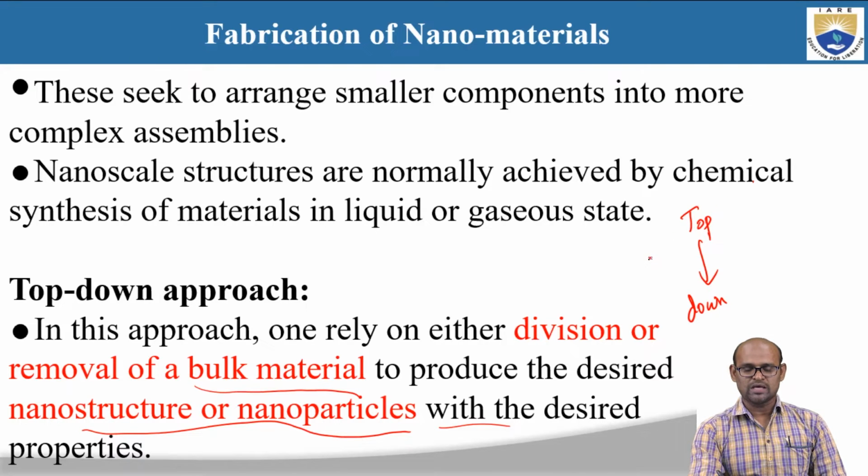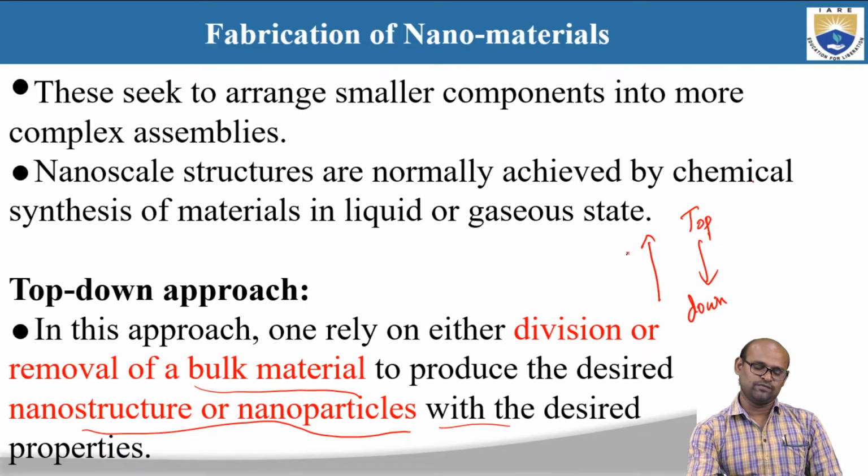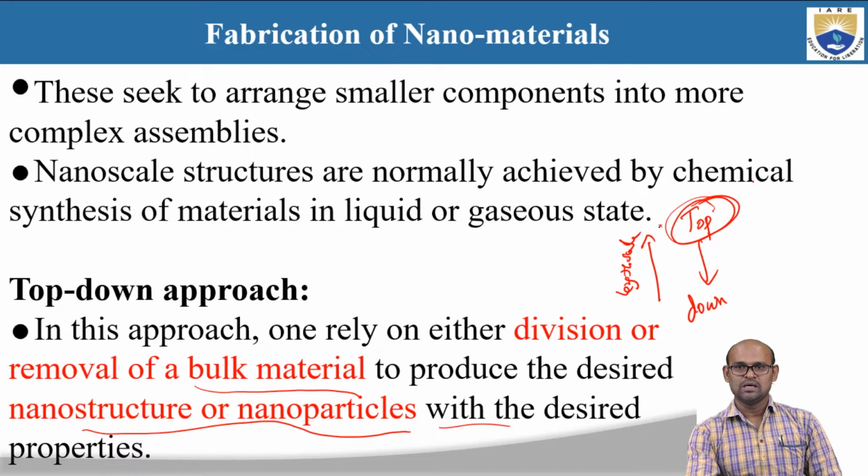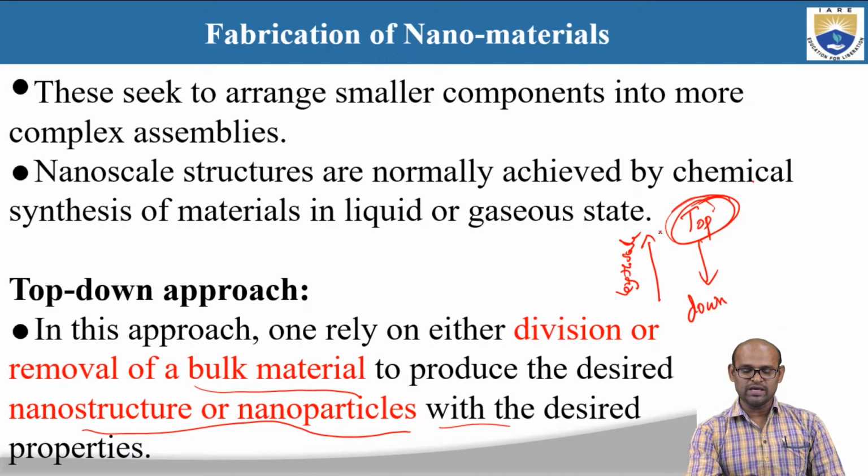As we discussed earlier, if this is the increasing direction of length scale, we are now at the top, so we have bulk material. We are going to divide this bulk material into smaller particles.